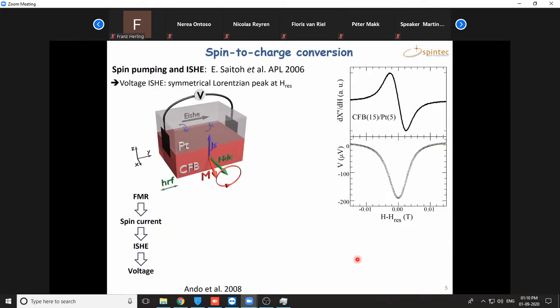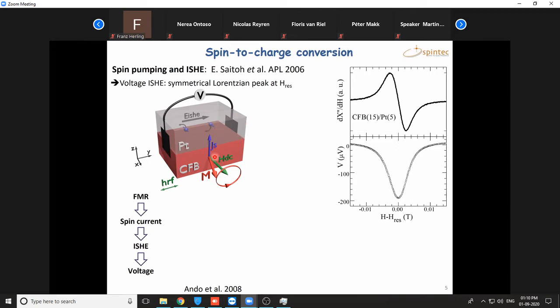In the following of the talk, we will mainly use spin-to-charge conversions because we have a quite easy technique that is called spin pumping to generate spins that we will inject in the material that we are studying. So we do that by putting the sample in the EPR cavity. We make some contact on the side of the slab.